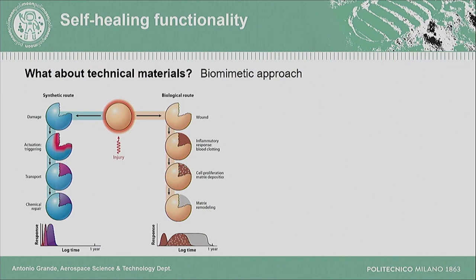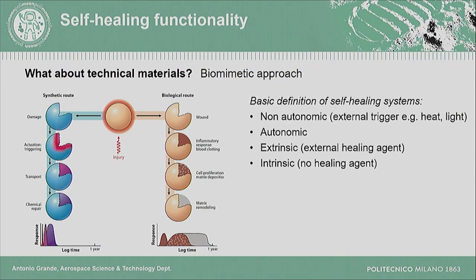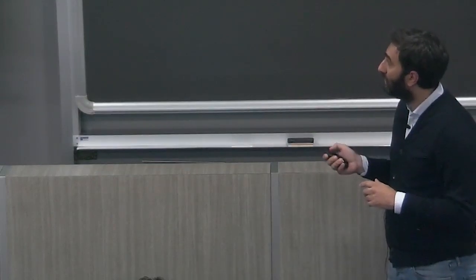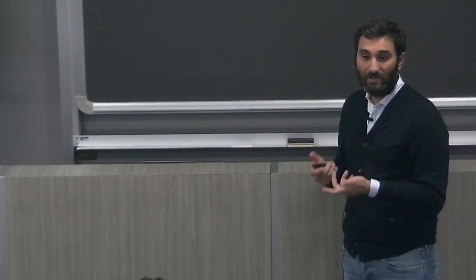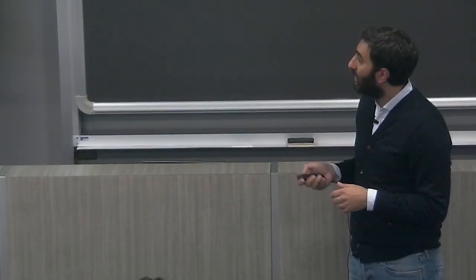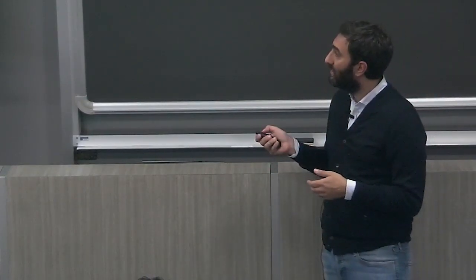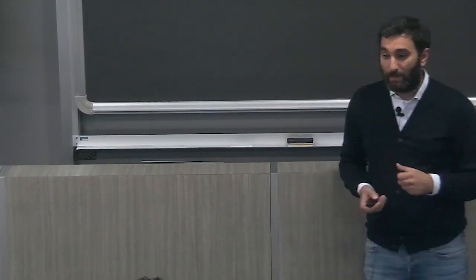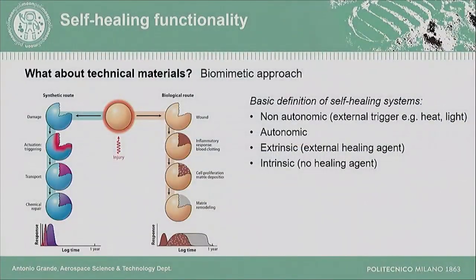Researchers started to use this biomimetic approach to develop different self-healing systems that are separated into non-autonomic or autonomic, depending on whether they need an external trigger to activate the healing. Another definition of self-healing is extrinsic or intrinsic, depending on whether the healing agent is added to the material or the material itself has all the ingredients for the healing.